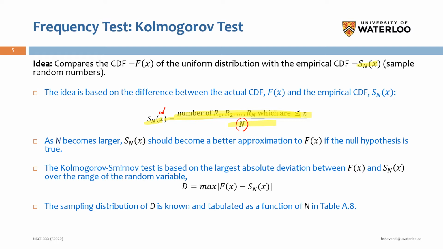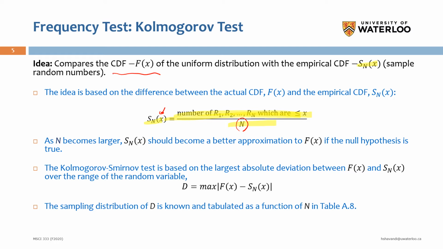So here we calculate SN(x) for each x, and we also have F(x), the CDF of the uniform distribution, for those x's as well. Then we can calculate the deviation between the actual CDF, F(x), and the empirical CDF, which is SN(x).